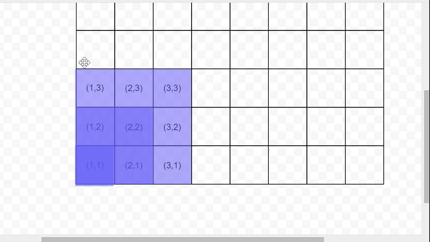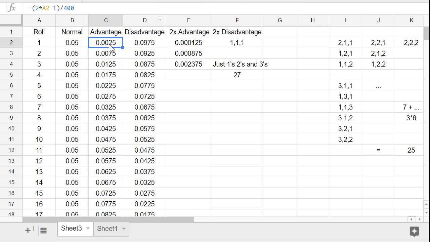So if we come back here, and we were to give a different formula for single advantage, well, for the very beginning, you could do 1 squared minus 0 squared. This would be 2 squared minus 1 squared. 3 squared minus 2 squared. 4 squared minus 3 squared.